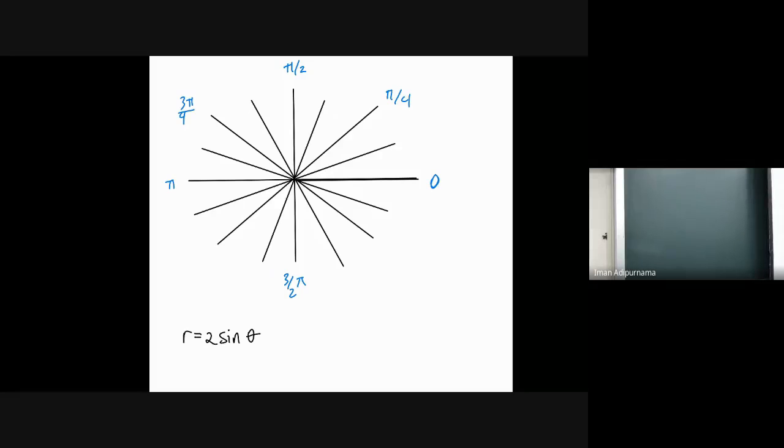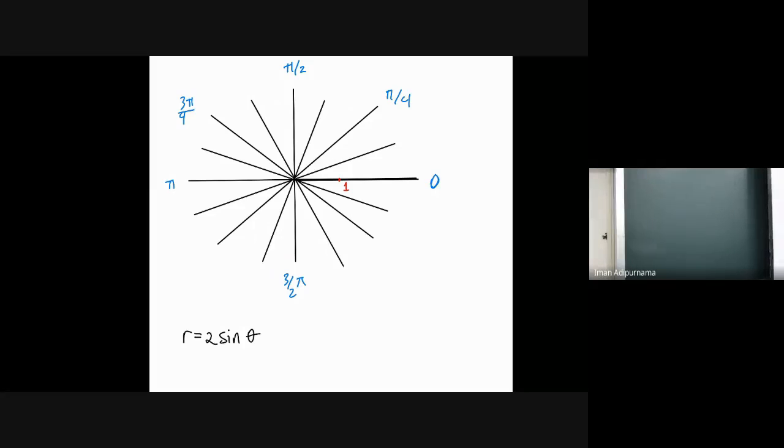So you can check r equals sine theta as theta goes from zero through one full circle until 2 pi. What will happen? Let me make one here, because the sine theta maxes at 1.